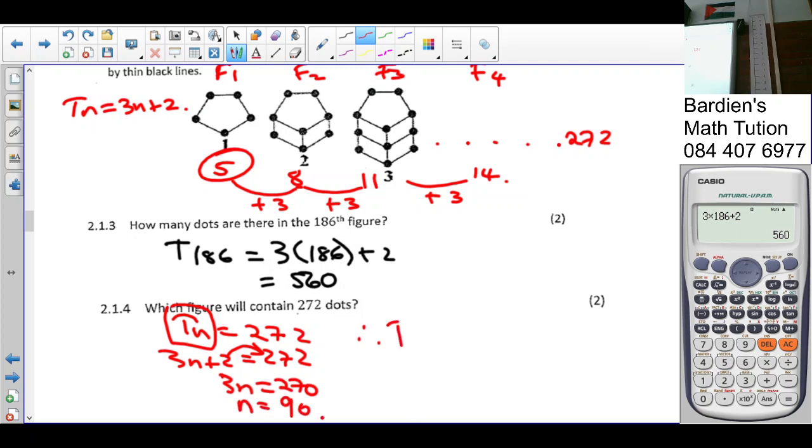So therefore term 90 or figure 90 is equal to 272. So if you extend this pattern for 90 figures, the 90th figure will contain 272 black dots. Does it make sense?